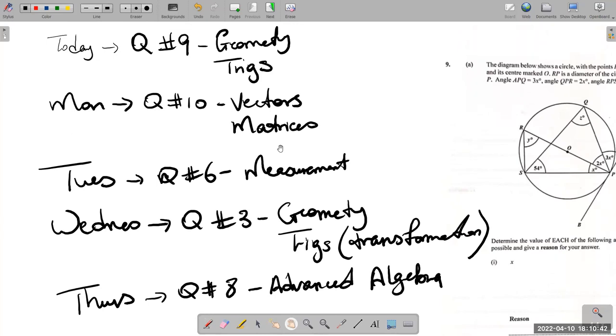So Tuesday is question 1, Wednesday is question 2, Thursday is question 3. So you see, we are really going back over everything from top to bottom for every question in the paper 2.